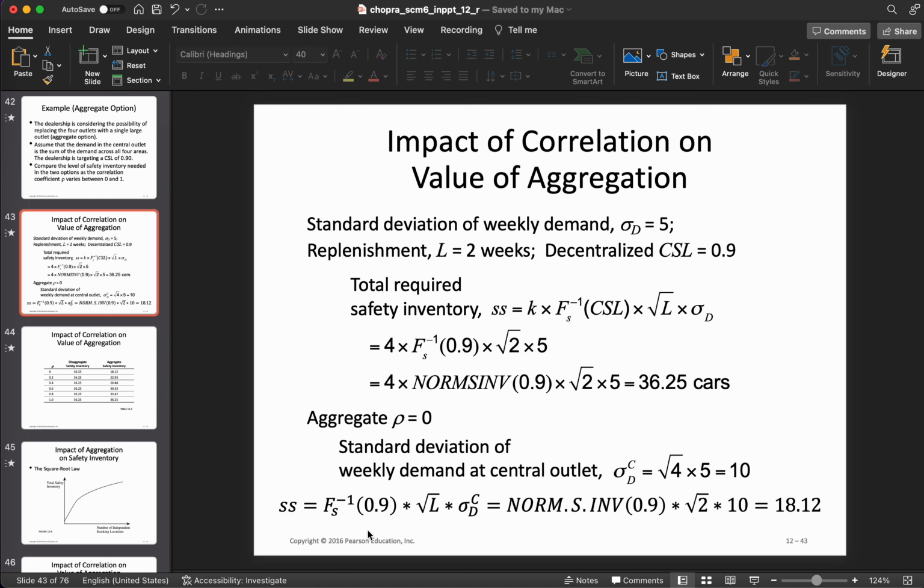And so again, using the normal inverse of 0.9, because that's the cycle service level, times the square root of 2 times 10, this will give you 18.12. So if you have a single outlet, you will only hold 18.12 cars in inventory as opposed to 36.25 cars in inventory when you have 4 separate outlets, right?